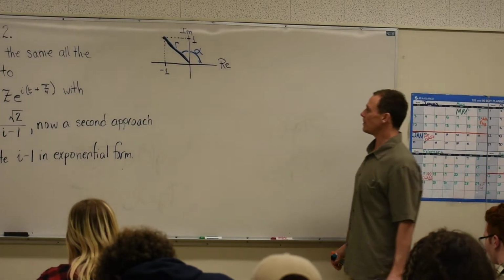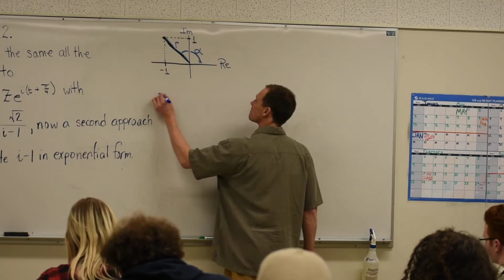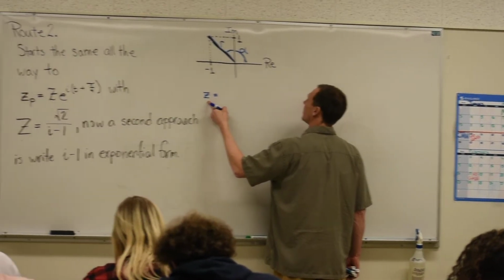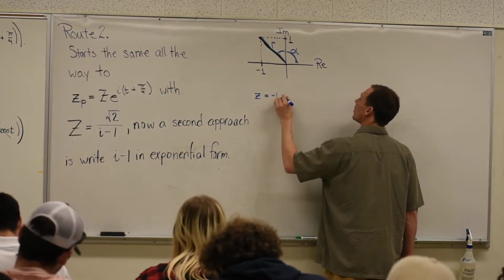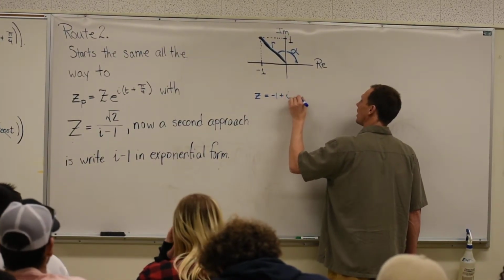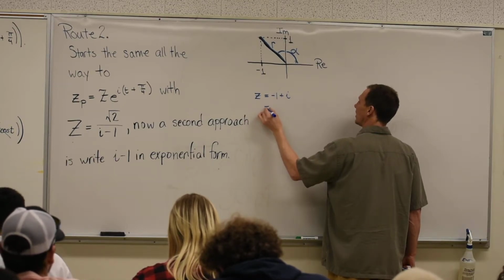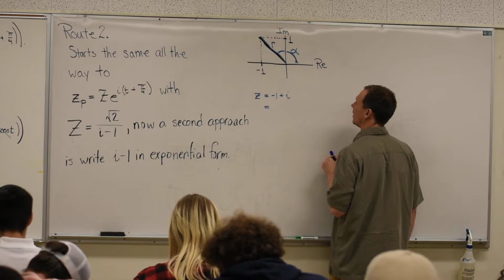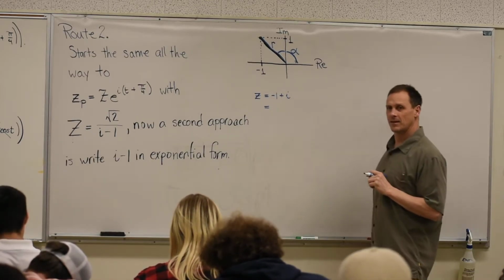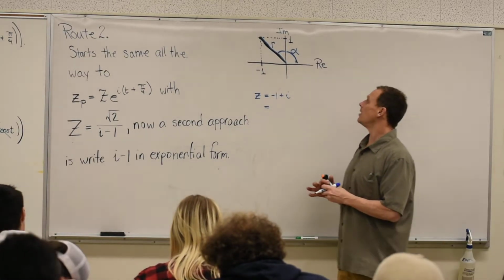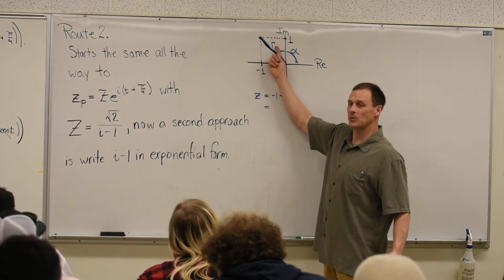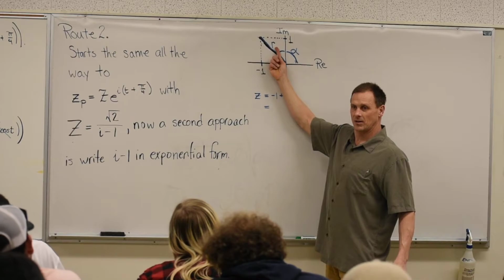All right, so remember, if z is some complex number, minus 1 plus i, then we have to find its modulus. Its modulus is what? You have a right triangle. Each side is 1, then the hypotenuse would be square root of 2.